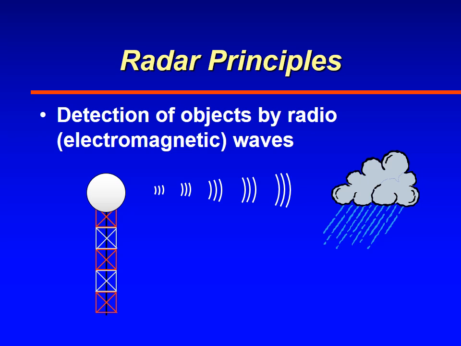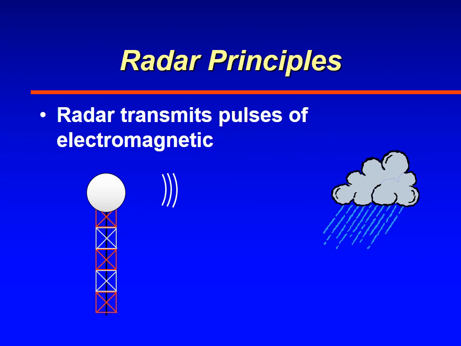The basic idea behind radar is that it sends out an electromagnetic wave through the atmosphere in pulses of energy, little pulses. So it's not continuously radiating, but it's kind of like a switch on a light turned on and off very rapidly, so rapidly it's measured in microseconds.